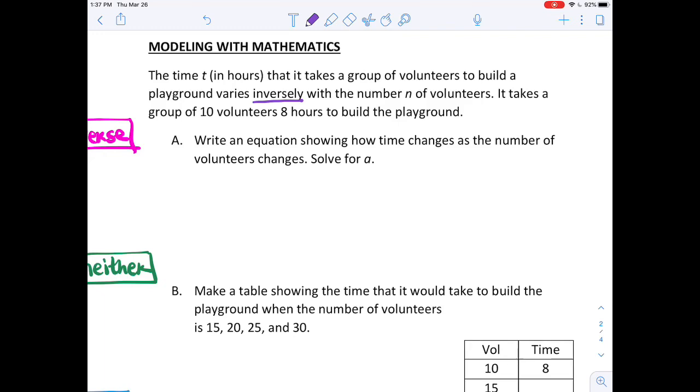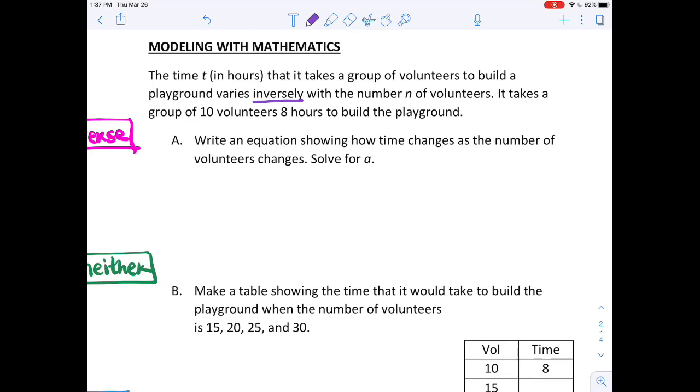So we're going to go through the same steps that we just did on writing an inverse equation and solving it. So we can write an equation showing how the time changes as the number of volunteers changes and solve that for a so that we know what a is equal to. So we're used to using x's and y's.